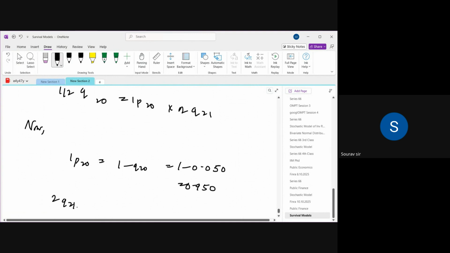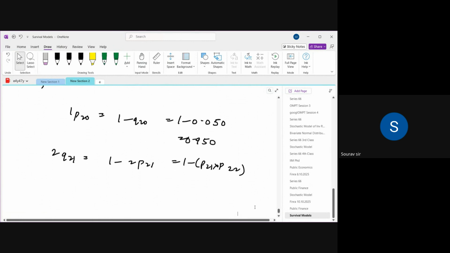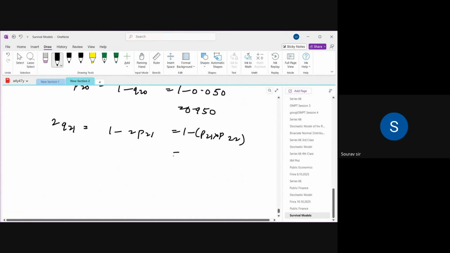So 2q21 is equal to 1 minus 2p21, so 1 minus p21 times p22, 0.945 times 0.941. So 1 minus 0.888, so that is 0.112.